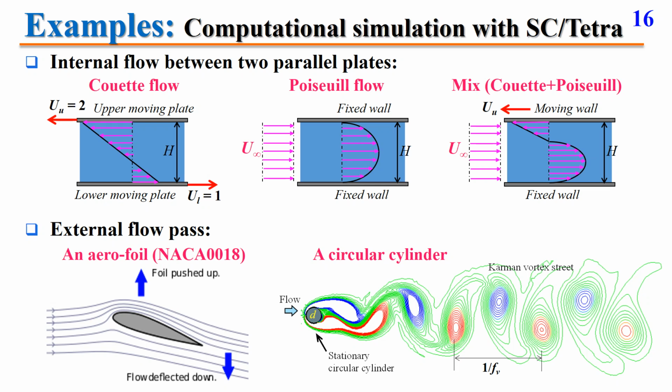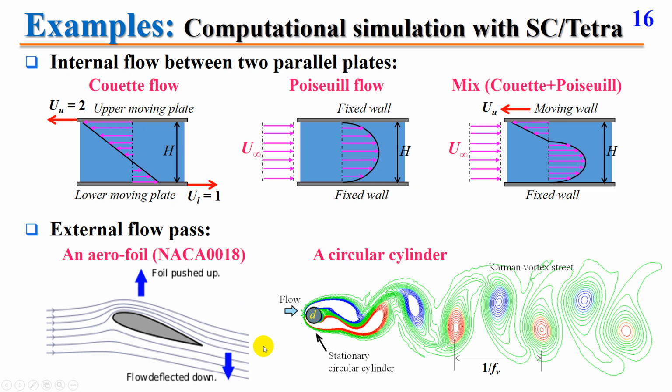Okay, and the second problem is really the basics of unsteady flow simulation, in the case of flow over a circular cylinder, and you can see the Karman vortex street behind the cylinder in the wake region.